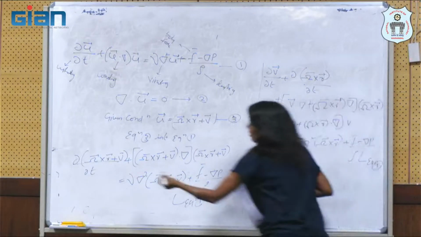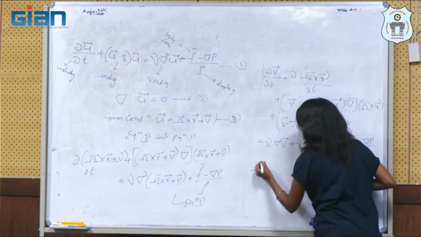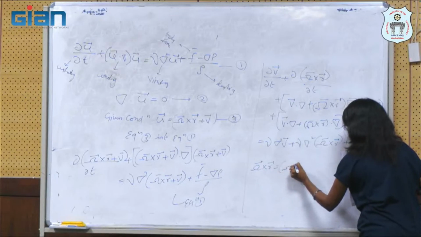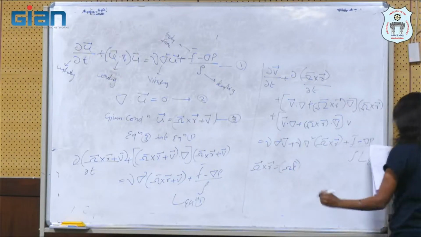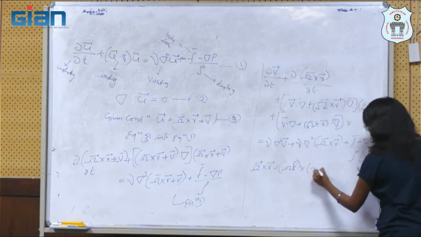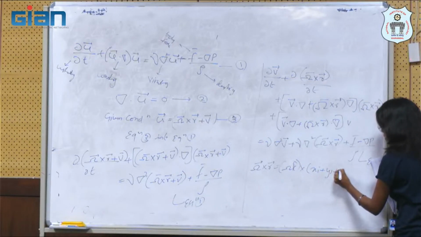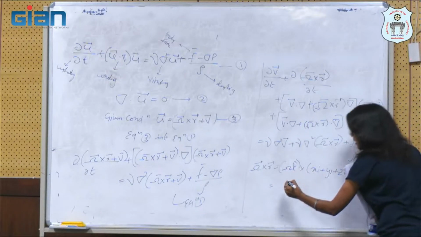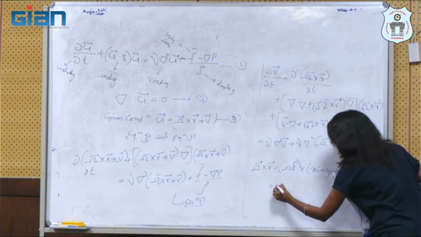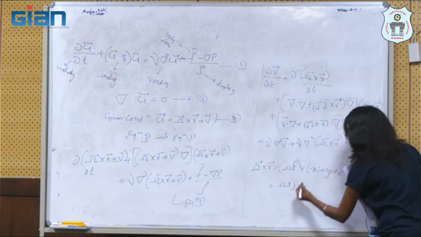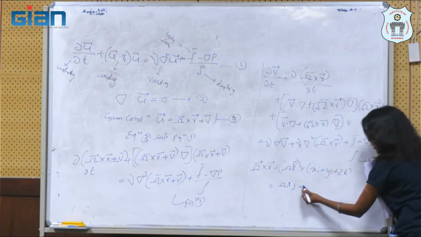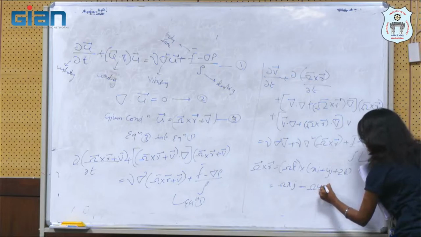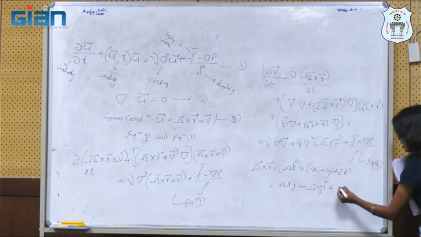Now I am doing the cross product of omega and R bar. This is in the z direction, that's why I am taking omega k, with R as xi plus yj plus zk. The i and j give k, and i with j gives k, and the opposite rotation gets a minus. The k cross product is 0.